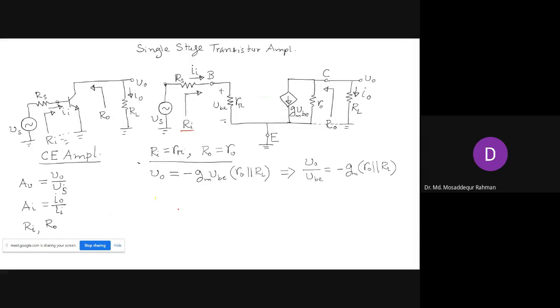Because the emitter is grounded, it's the same as the voltage at the base. Usually voltage at the base we denote by VB, right? And in this case, VB is same as VBE, because the emitter is grounded.